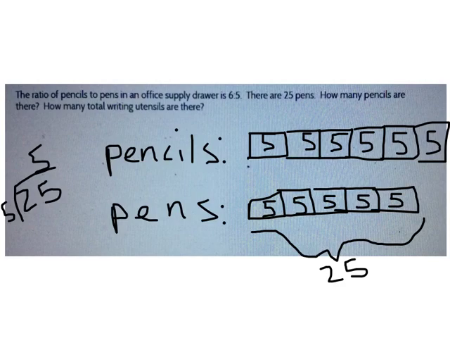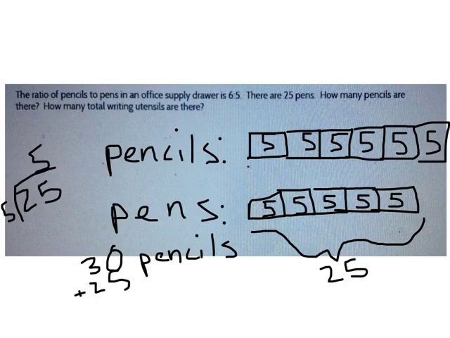So how many pencils are there? Well, 6 times 5 is 30 pencils. How many total writing utensils? I can add the 30 pencils plus the 25 pens. There are 55 total writing utensils.